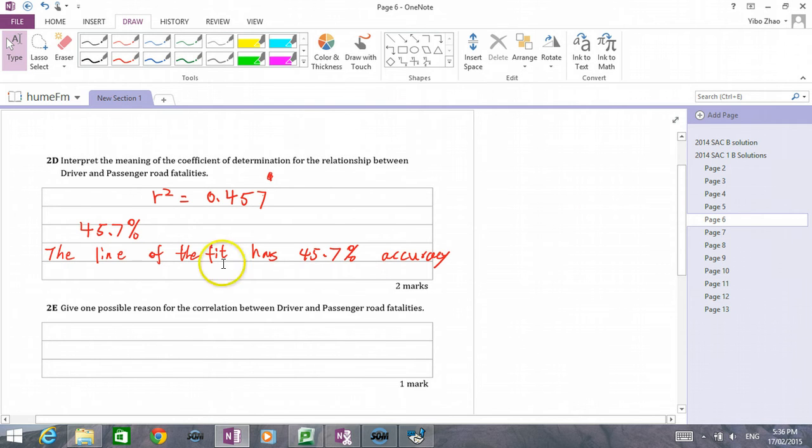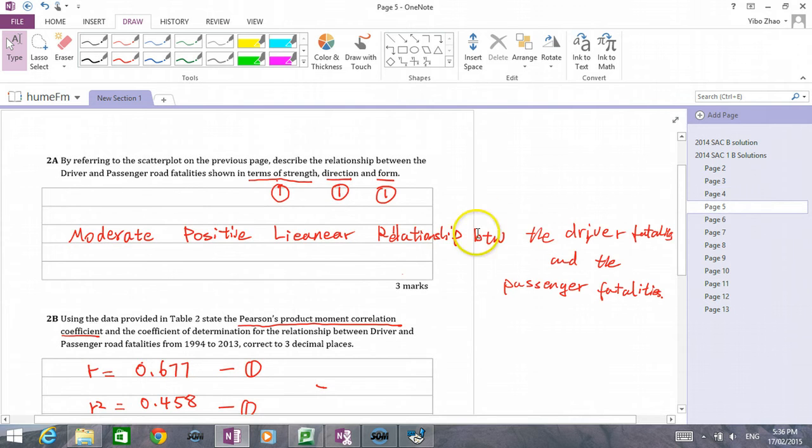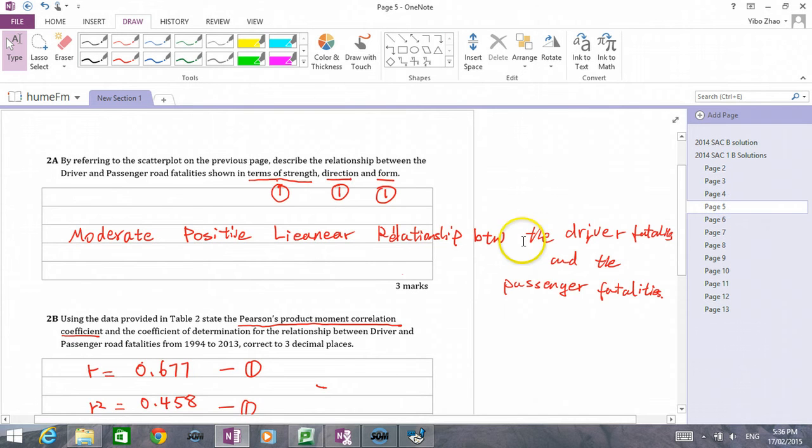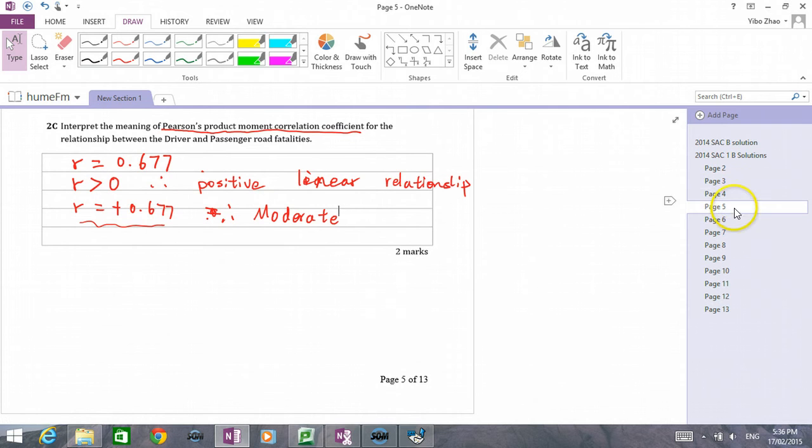The other way to say it is 45.7% of the data can be explained using the line of best fit. Now just let me explain this further. I'm pretty sure you understood this during class, but let me refresh your memory.